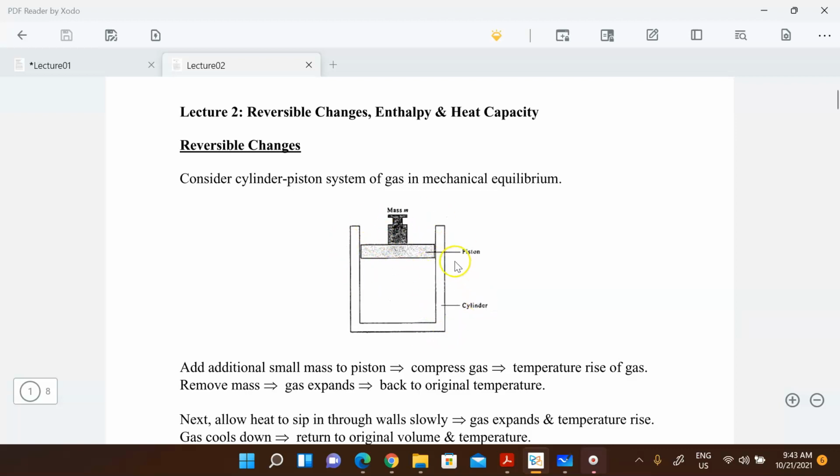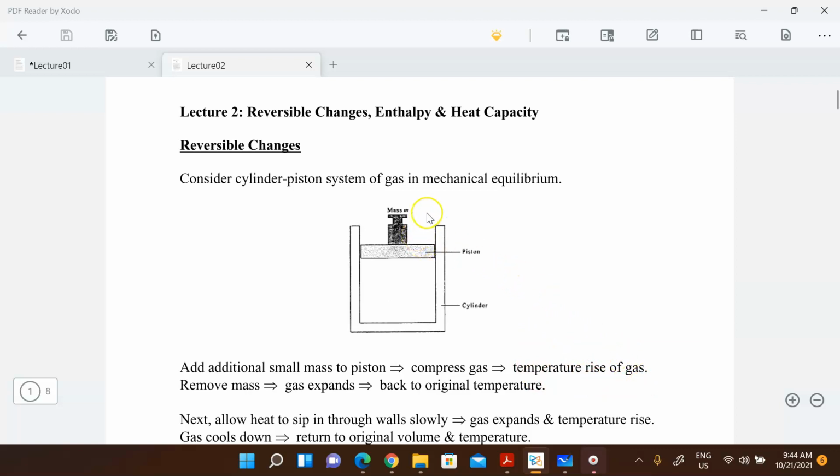Now if you add further mass to this piston, then you will see that you compress your gas, because this goes down, and then you'll see there's a temperature rise of your gas.